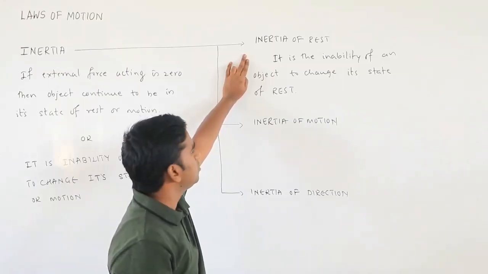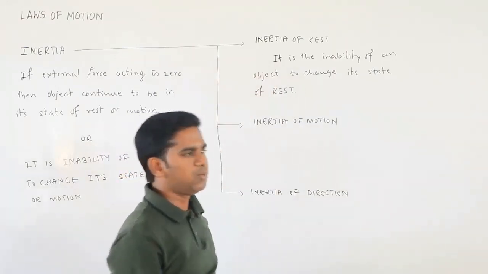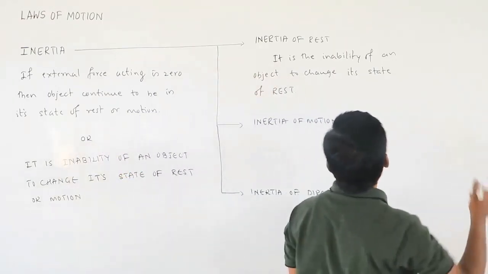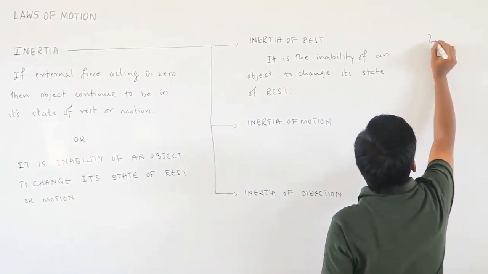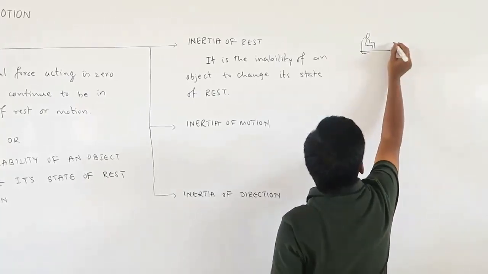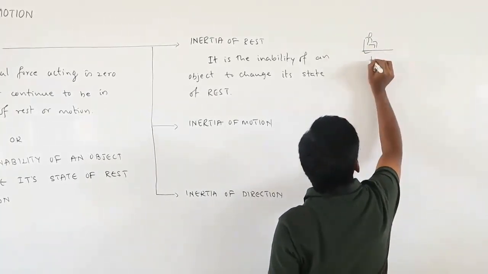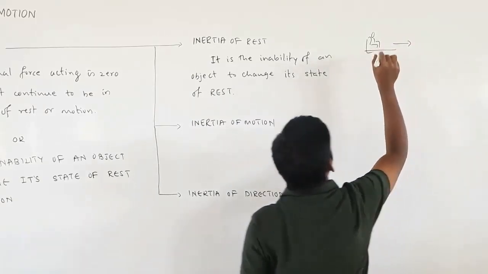Okay. So if you look at examples of this, suppose you are moving in a bus or in a vehicle. Suppose you are sitting on a chair, and the bus is at rest. If it suddenly starts moving, what will happen?